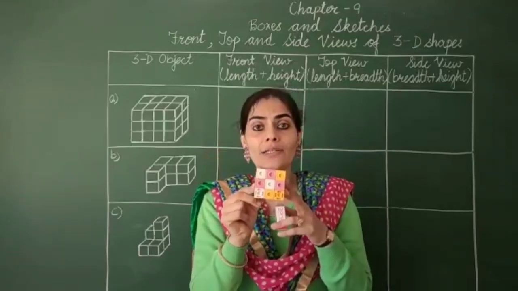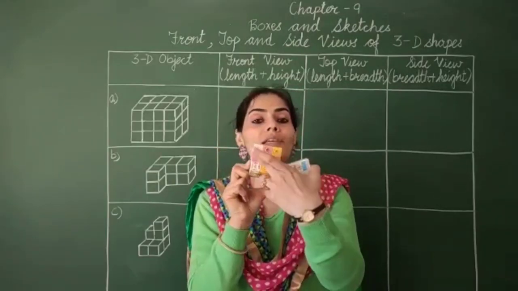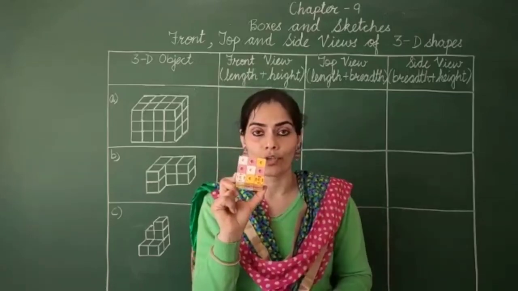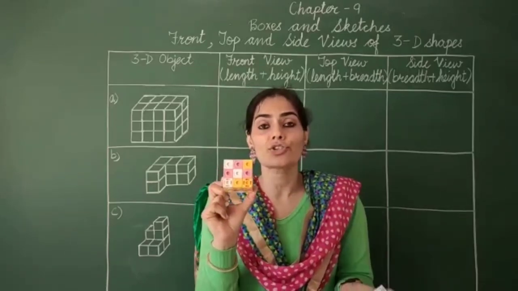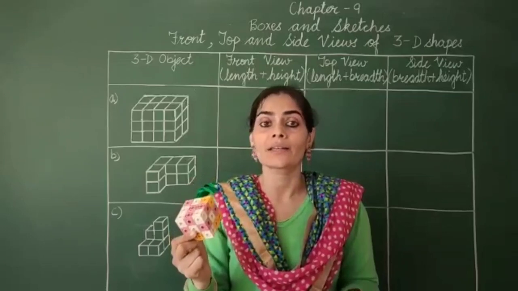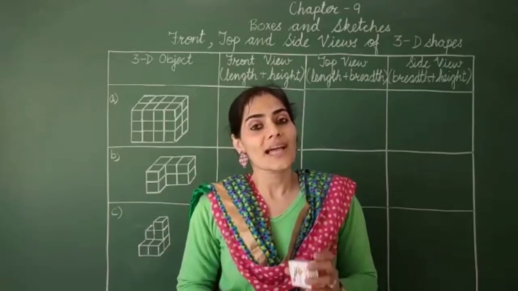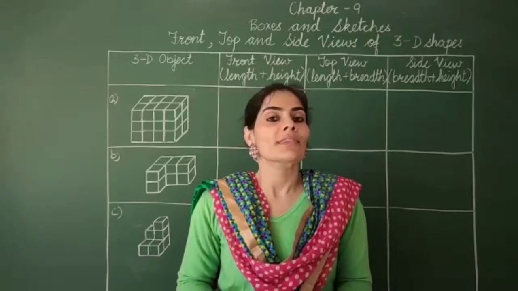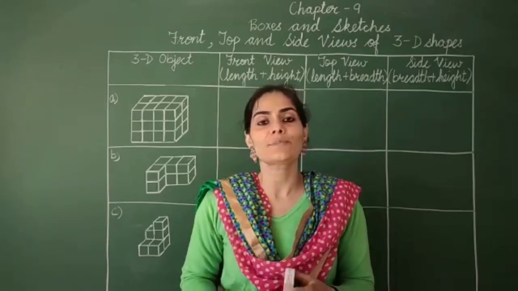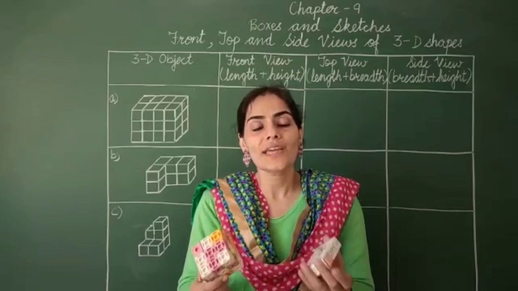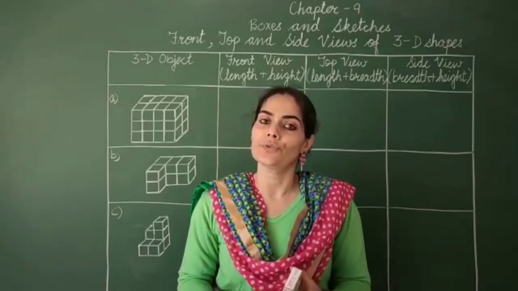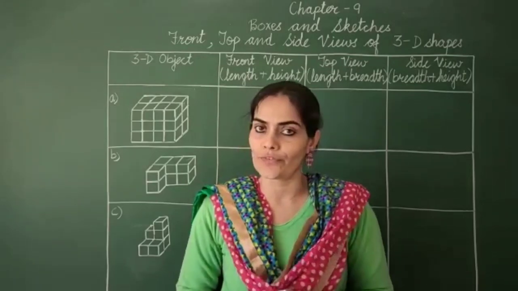If I present it like this, now this becomes the front view of the object. You cannot say with surety which one is the front view of the object. So in such cases, what do we do? The way an object is presented to us, we take that particular view as the front view of the object.